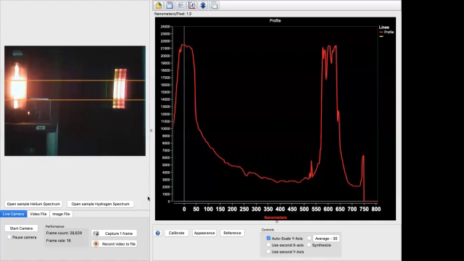And what we see here is a lot of yellow and orange and red lines. Now on the right, this is a trace of the wavelengths, the sizes of the wavelengths of those lines.